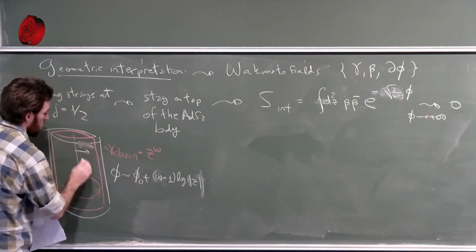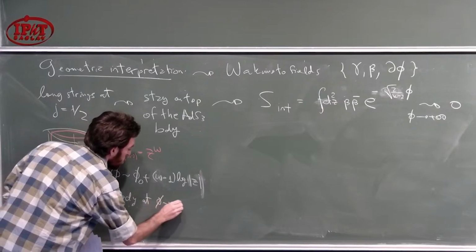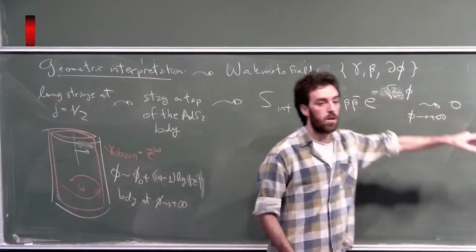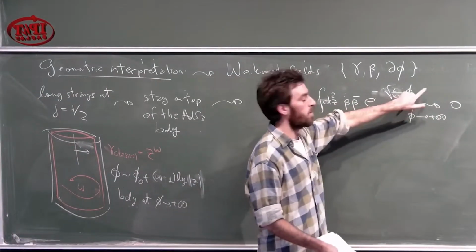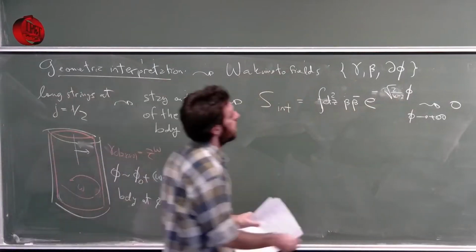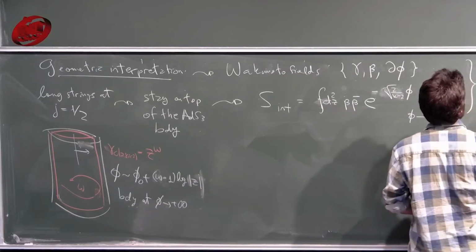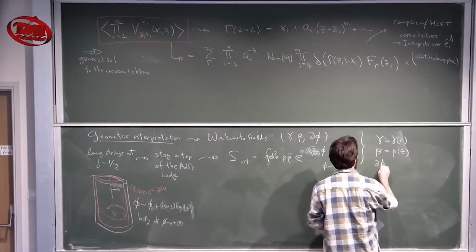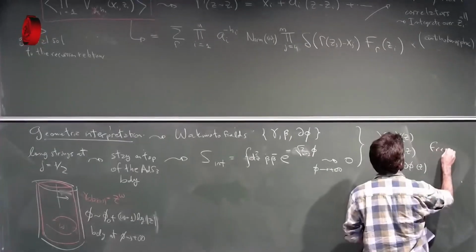The boundary in this coordinate is at phi going to infinity. This was the only interaction term in the Wakimoto action. So if I just ignore this term because I am at very large phi, then the free field description works. And in this region, we have gamma being holomorphic, beta being holomorphic, and partial phi being holomorphic, and these are free fields.